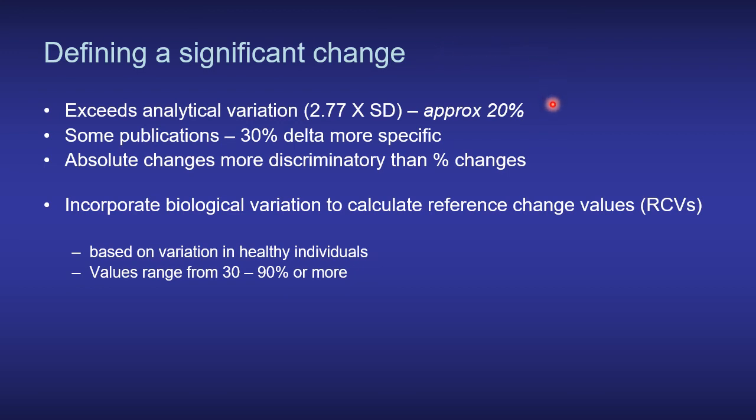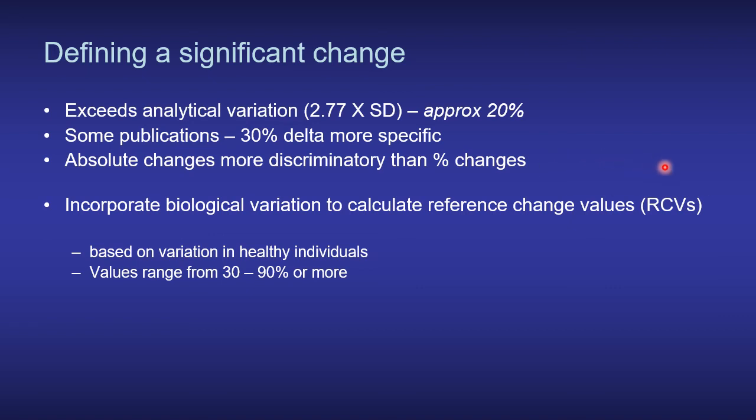Firstly, it should exceed the analytical variation, 2.77 standard deviation, so corresponding to approximately 20%. Many publications suggest that a 30% delta is more specific. There are publications that suggest that absolute changes are more discriminatory than percentage changes, although I guess this partly depends on the baseline.